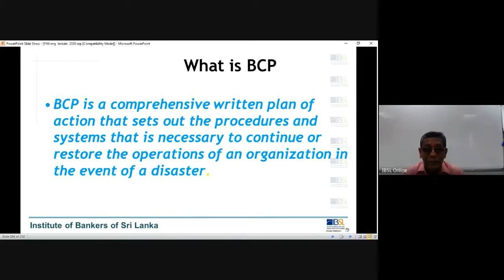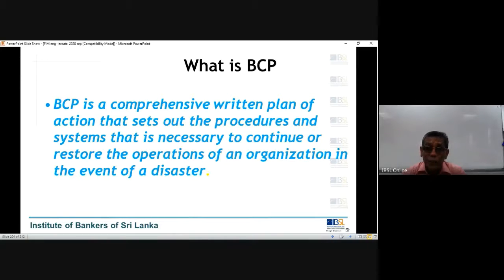That is why I told you there may be a possibility of asking a question. What is BCP? And to what extent did the bank apply your BCP in a real life situation under the COVID-19 situation? The questions come like that.